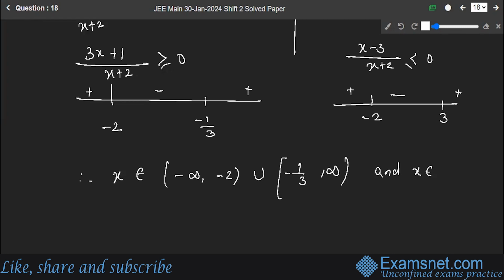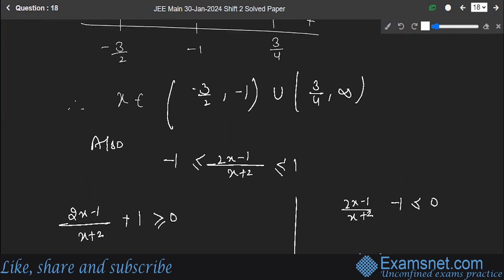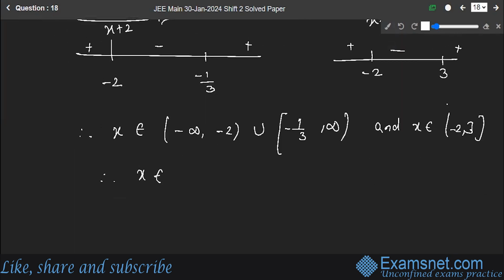And from here, x belongs to minus 2 to 3 closed. Okay, so if I combine both of them, x belongs to 3 by 4 to 3.